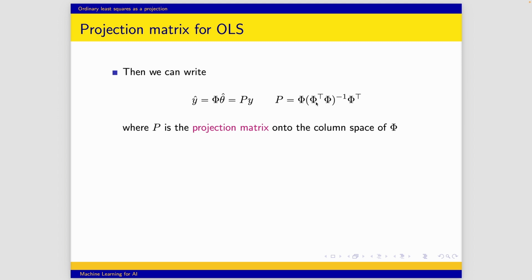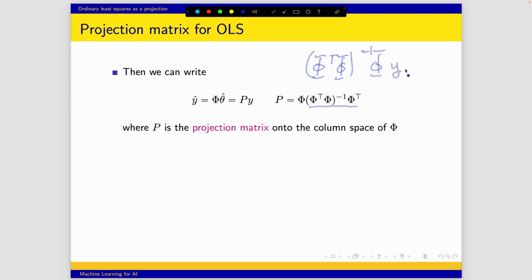And this simply follows from the fact that theta hat is given by this quantity here, and so phi times theta hat is phi times this quantity, multiplied by Y. So the Moore-Penrose pseudo-inverse is phi transpose phi inverse phi transpose, and that's multiplied by Y, and that's what gives us our theta hat.